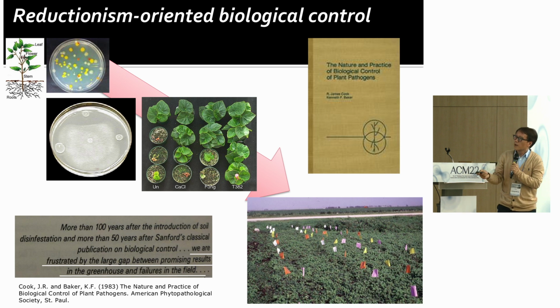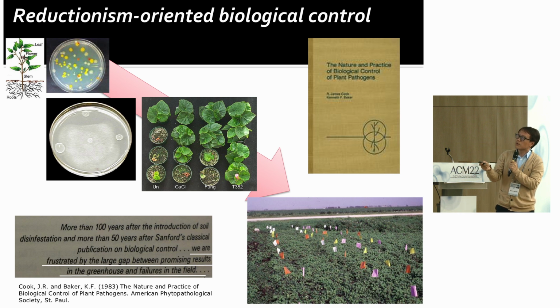Why? In 1983, a really long time ago, there was a book, The Nature and Practice of Biological Control of Plant Pathogens, written by Cook and Baker.